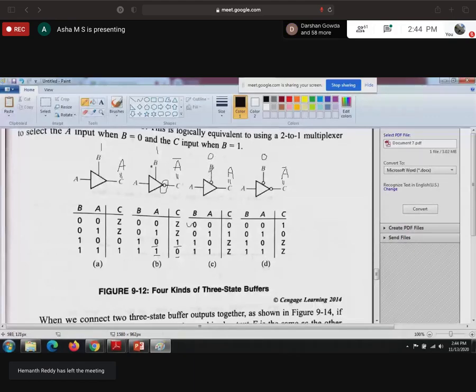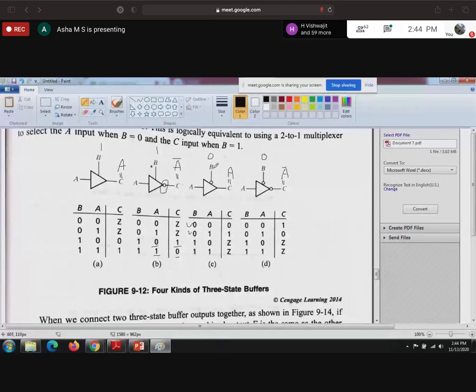For the next combination, the enable input is 0, which means because of the inverter, the buffer is enabled. What is the value of C? The value of C is the same as A. A is 1, so C equal to 1.